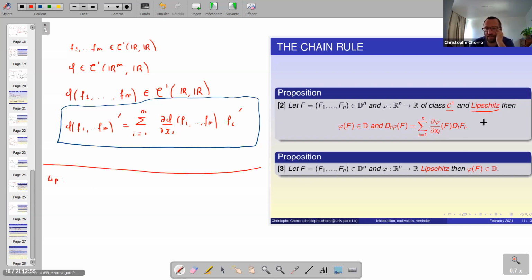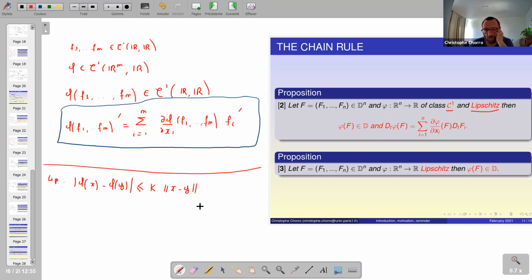Remind you what Lipschitz is in this situation. Lipschitz just means that if I consider phi of x minus phi of y, it is less than K times the norm of x minus y. And the norm you can take here is the norm you want, because you are on R to the power n, where all the norms are equivalent.